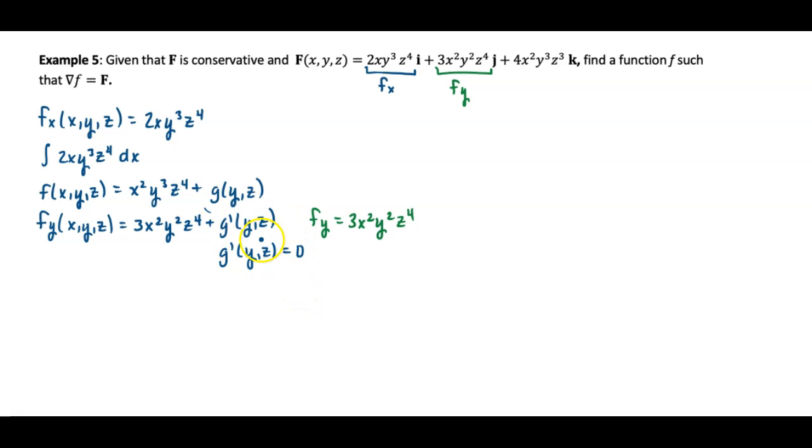And so finally we've got this z to deal with because we haven't yet looked at the partial derivative with respect to z. And so let's go back to this initial function, f of x, y, and z, and let's find the partial with respect to z.